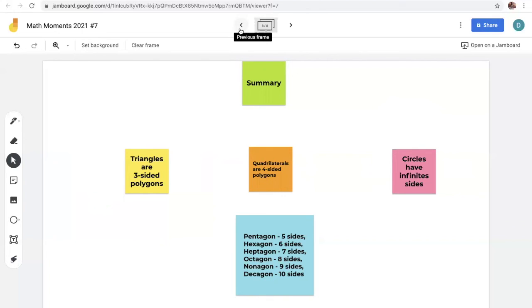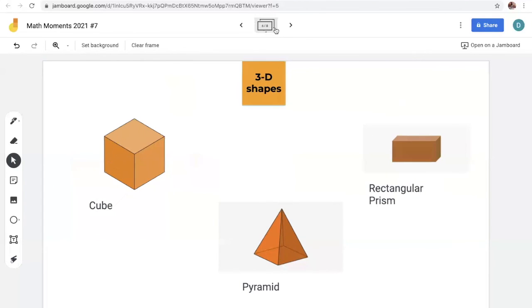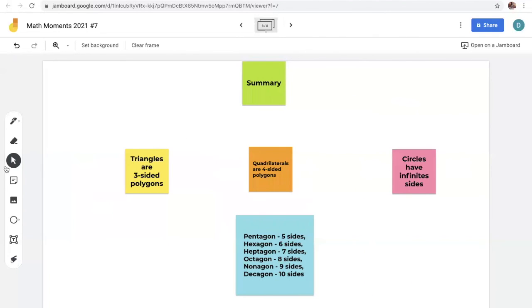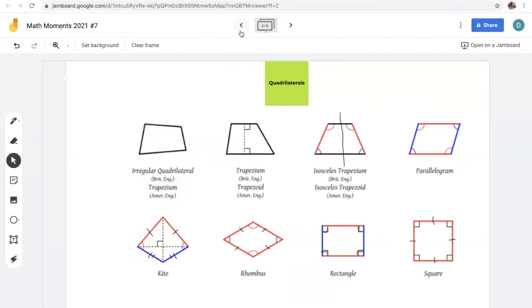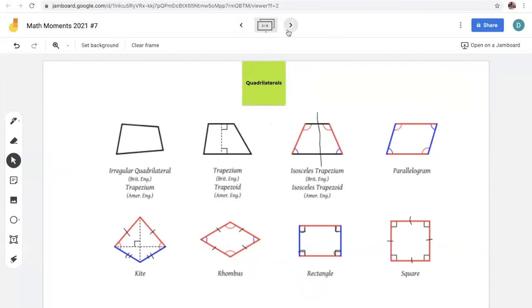So I figured just identifying them here would be enough to get a rudimentary knowledge of them. The real takeaways from this are the triangles and the quadrilaterals. These are shapes that we're going to work with much more often in high school and middle school. So I figured I would emphasize them more, which is why I spent so much time on triangles and quadrilaterals at the beginning here.